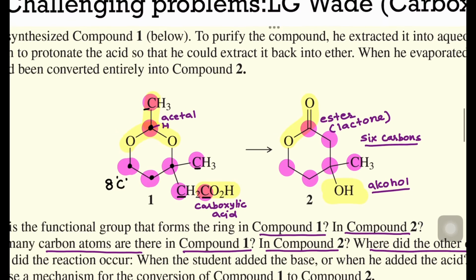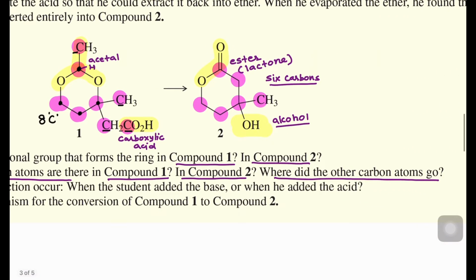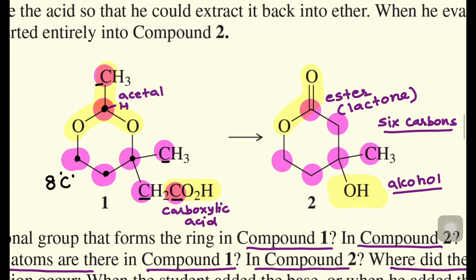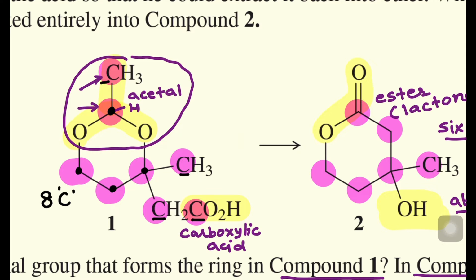Where did the other carbon atoms go? Now, if we see carefully, there is the acetal group present here. This acetal group will be undergoing a reaction that we'll see later. And these carbon atoms, that is this one and this one, will get removed from this molecule.